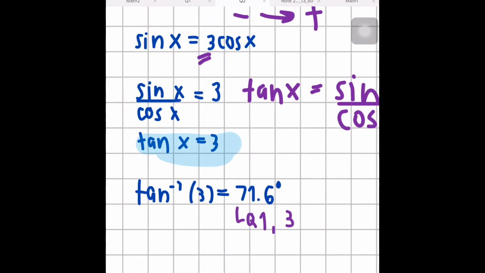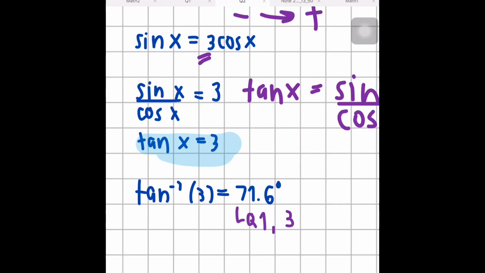Then to find alpha, we will use tan to the power of negative 1 of 3. We'll use a calculator to find this, and the result is 71.6.